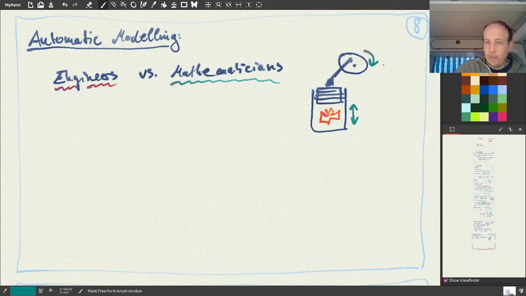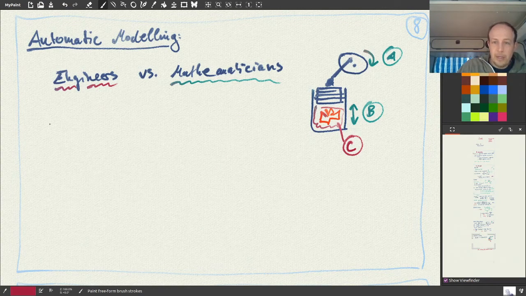But say this is process A, things rotating. Say this is sub-process B, which is this going up and down, and what's happening in here is sub-process C.